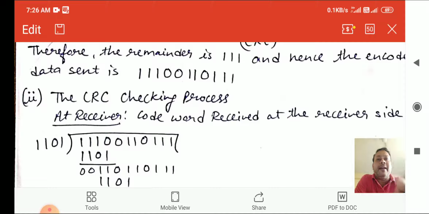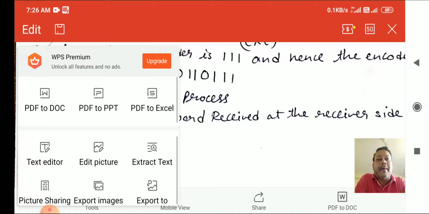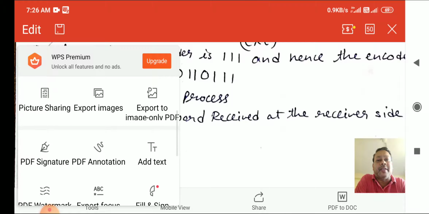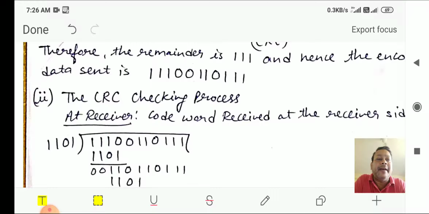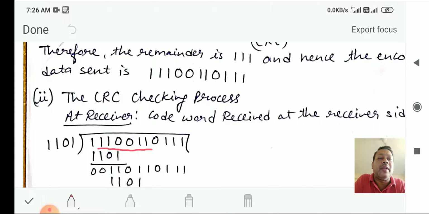Our data is already given in the question, that is 110110. This was the data, and 111 was our remainder, which we just got. This is going to be appended to the data. Clear? And then we are going to take modulo 2 division.